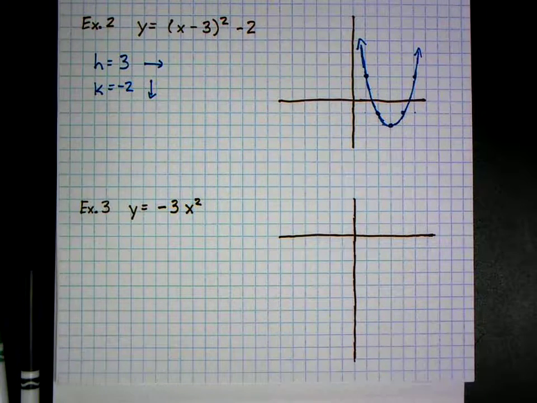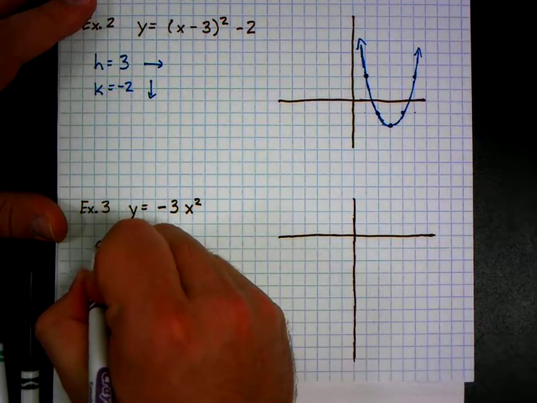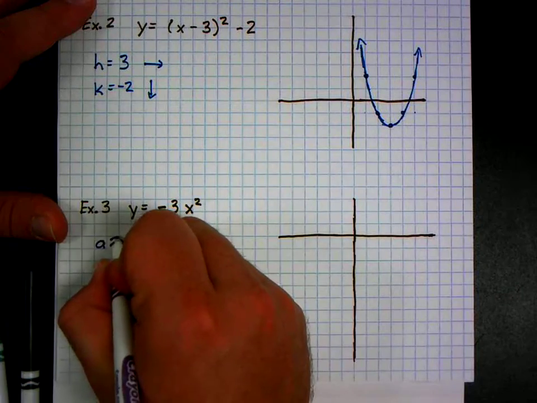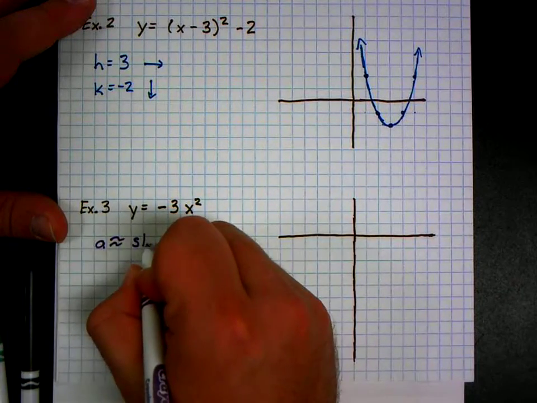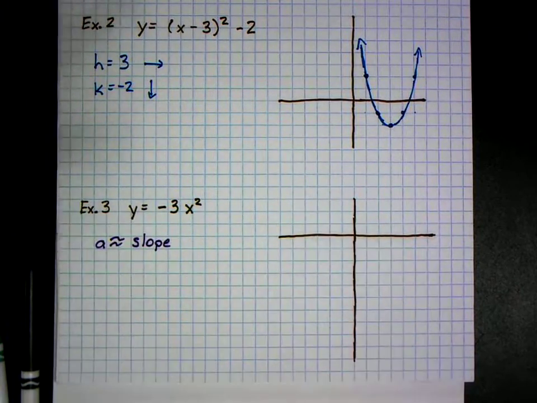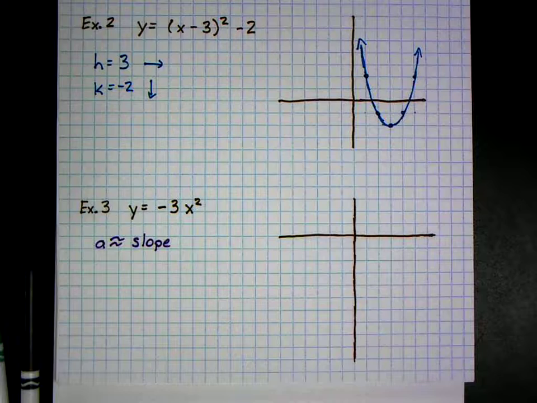Okay. So I'm going to start off. I'm not going to teach you incorrectly, but A is sort of like slope. We can always use it as slope for your first point.